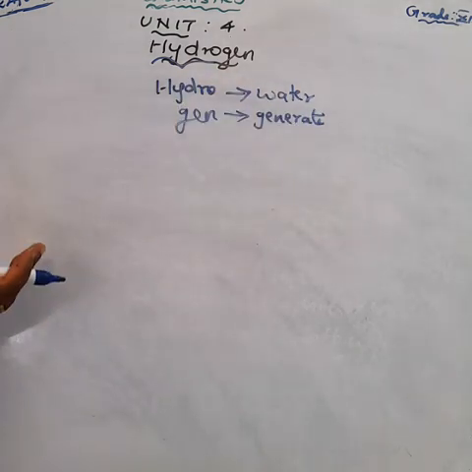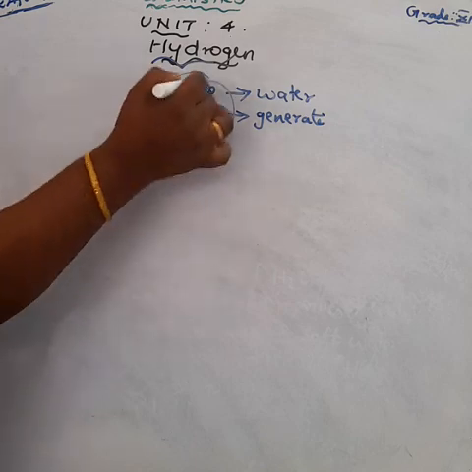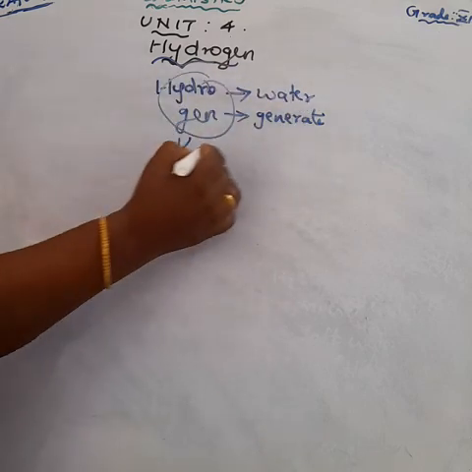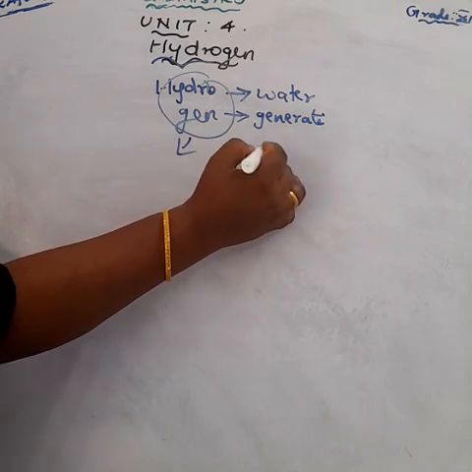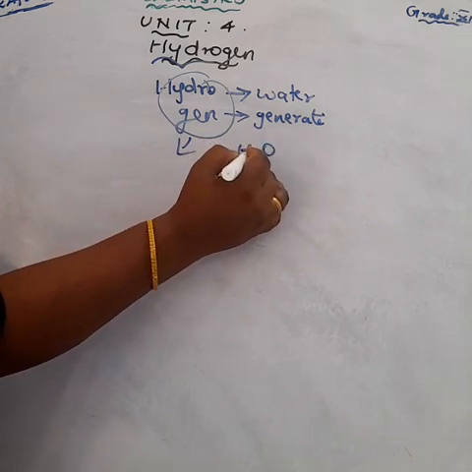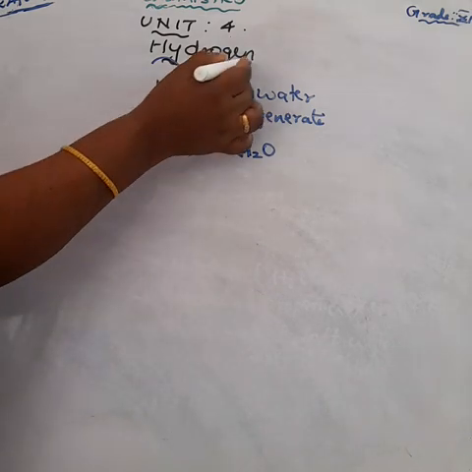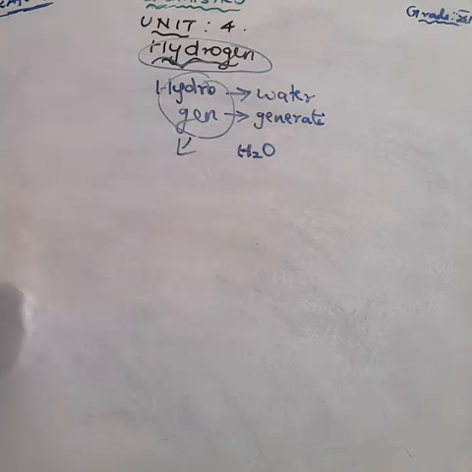So hydrogen means it generates water. We know water means H2O. Without hydrogen nothing has water. So hydro means water, gen means generates. That's why the name hydrogen is formed.